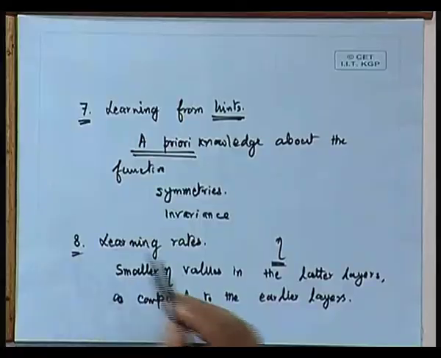In order to ensure that the network uniformly learns at the layers closer to the input as well as the layers closer to the output, we should have the eta distribution like this, smaller in the later layers and larger in the earlier layers. So, that is heuristic point number 8.